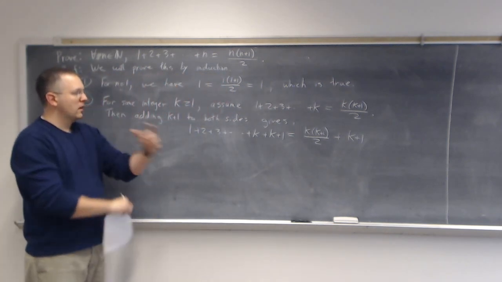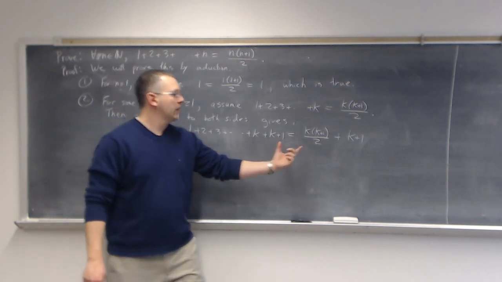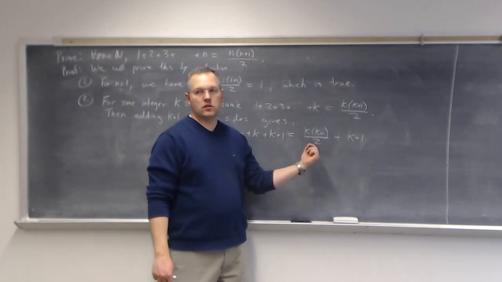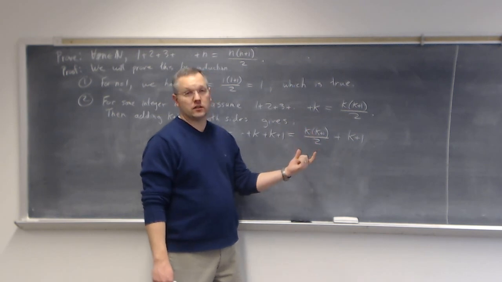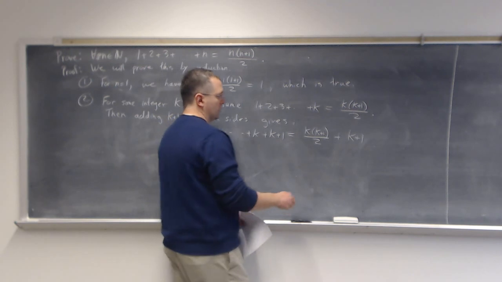The left hand side is exactly what I need. The right hand side, I need to combine these terms to make it look like one fraction, the one fraction I need. So let's rearrange this.